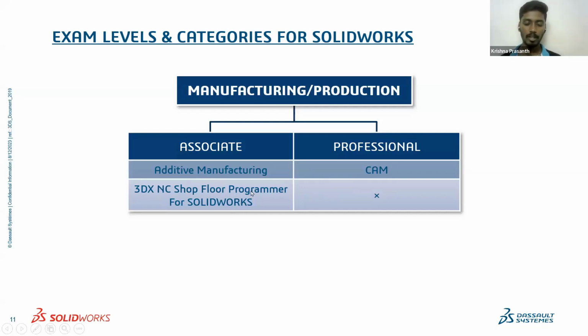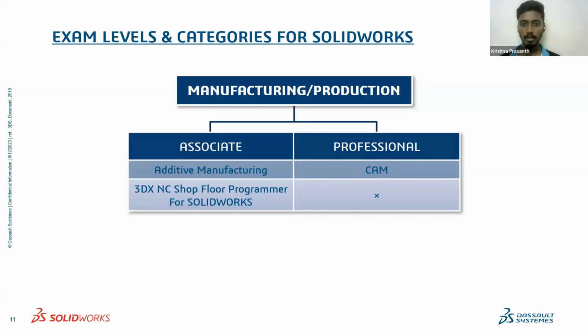So this tool will be associate level, for a user to access what tools are available for the 3D Experience NC Shop Floor Programmer role, right? So these are the associate levels available for the manufacturing or production side.